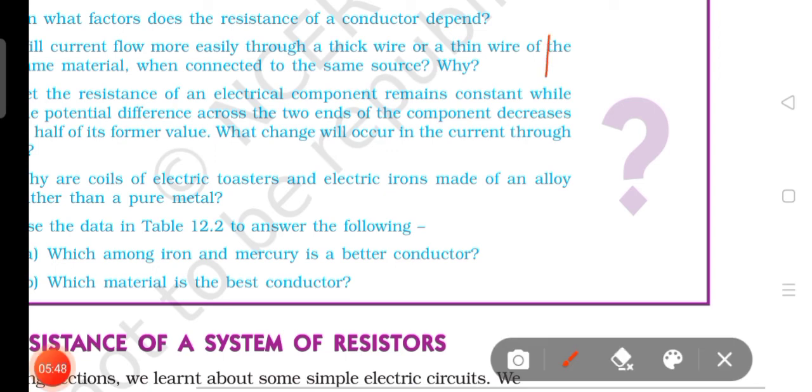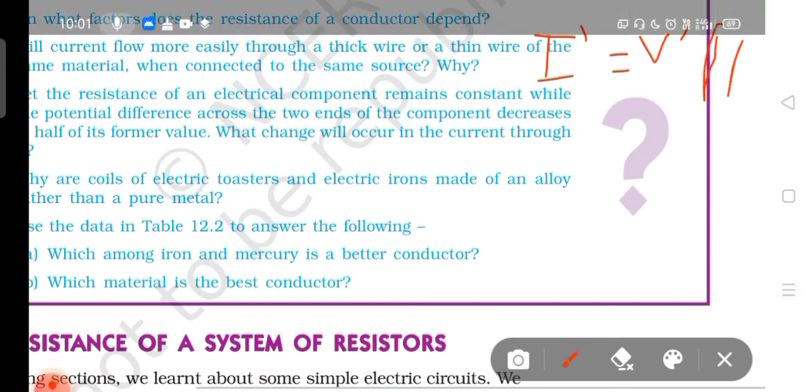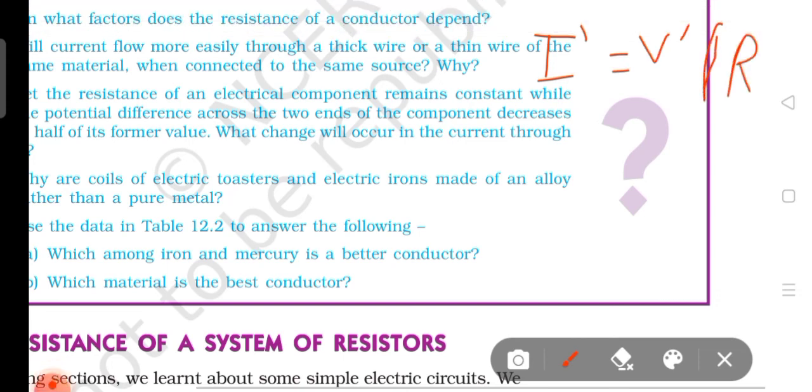I naught is equal to V naught by R. Again solving, I naught will be V by 2 upon R.